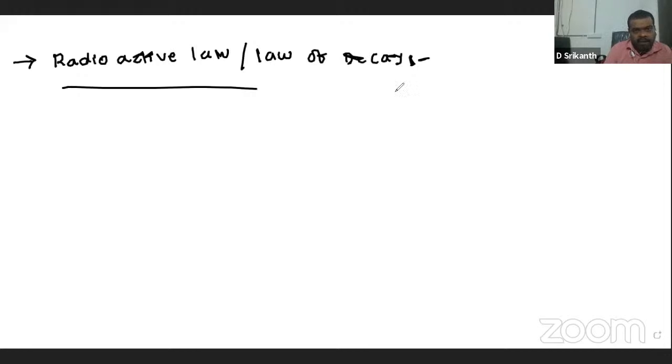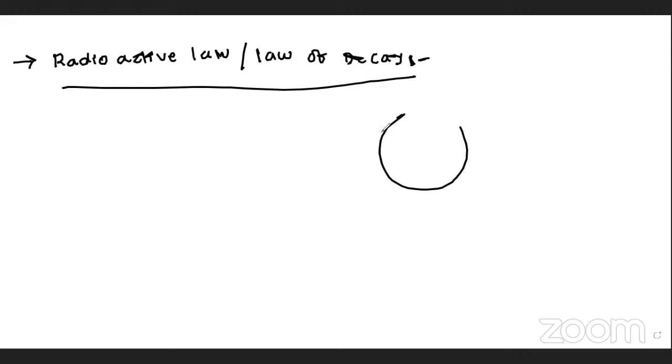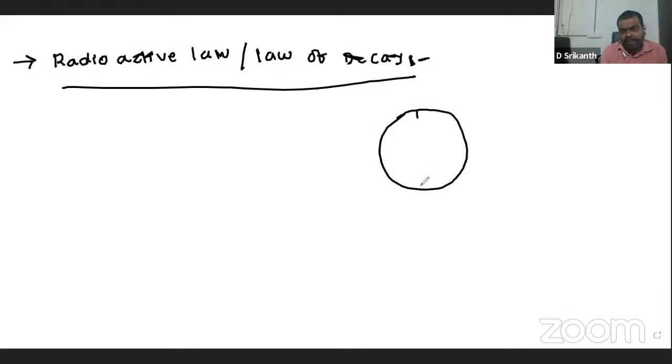Let us consider a nucleus. In this, we have Z number of protons and A minus Z number of neutrons. Initially, at time t equal to 0, I am considering N naught as the number of nucleons inside the nucleus.